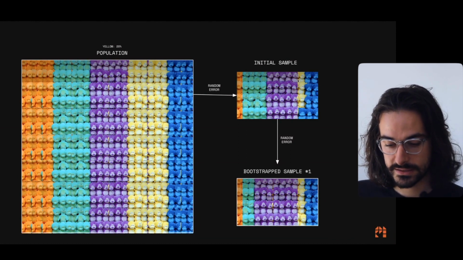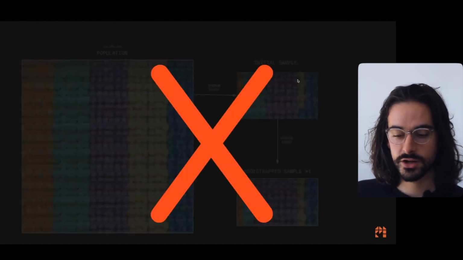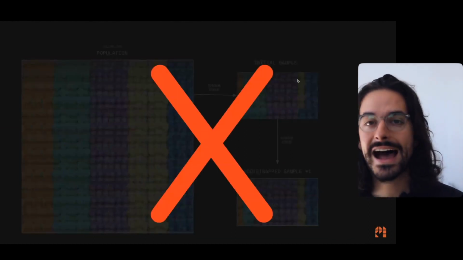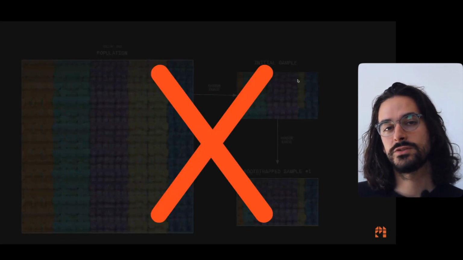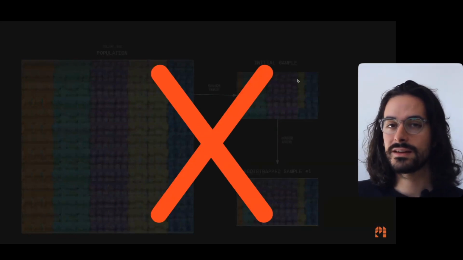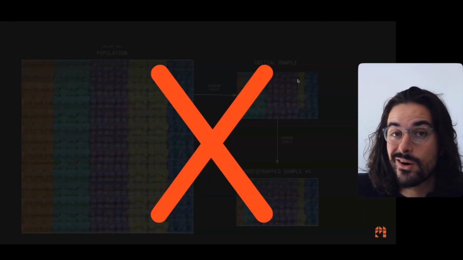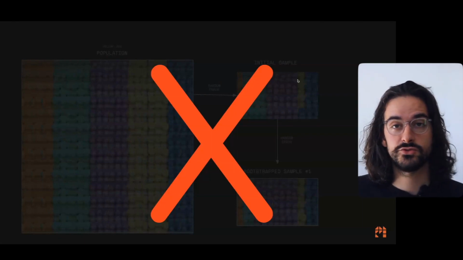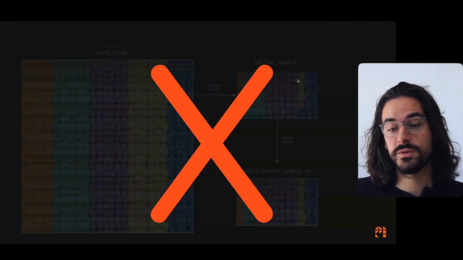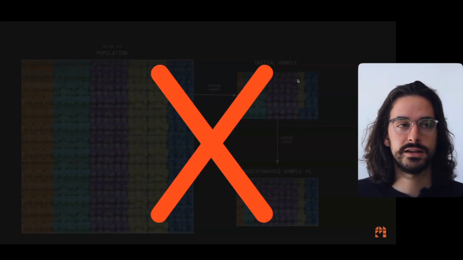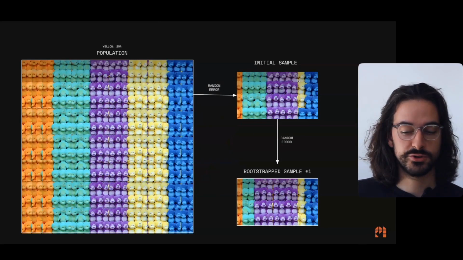So don't do it. Make sure that your initial sample is representative. How do you make sure that your initial sample is representative of the population? It's kind of difficult to know that. So that's the limitation of bootstrapping. You have to just believe and assume that your initial sample is representative of the population and not a crazy exception like this one.